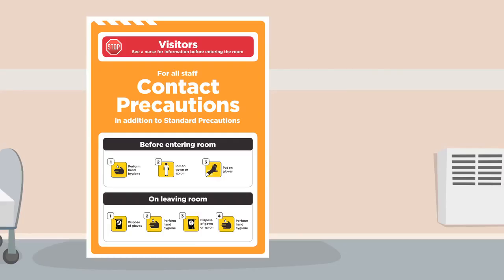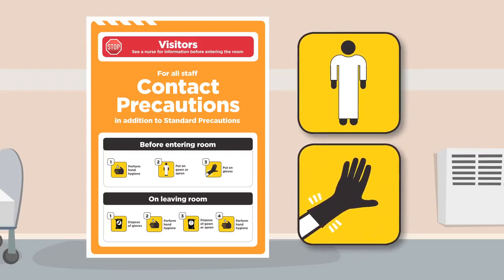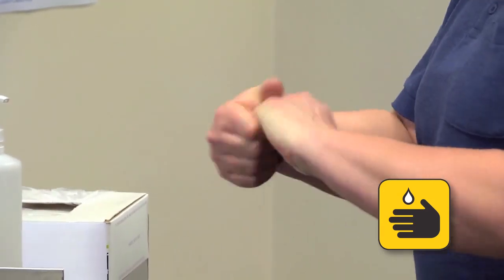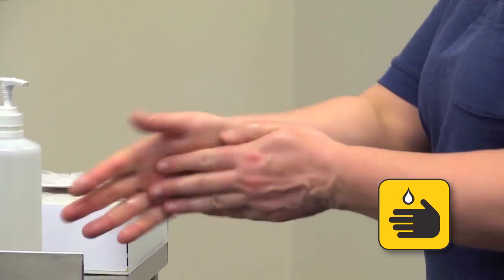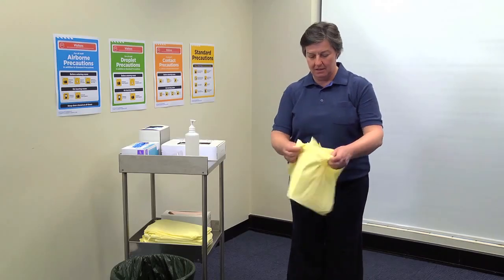For a person under contact precautions, you must wear a gown and gloves. You must put on your gown and gloves before you enter the patient's room. Perform hand hygiene. Firstly, unfold the gown.